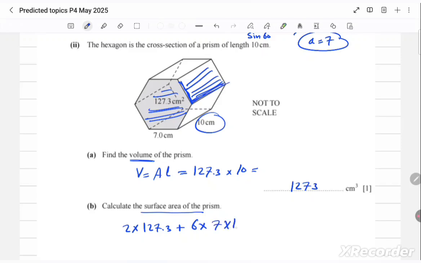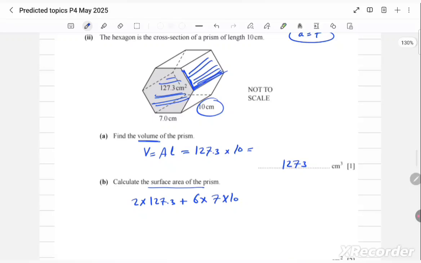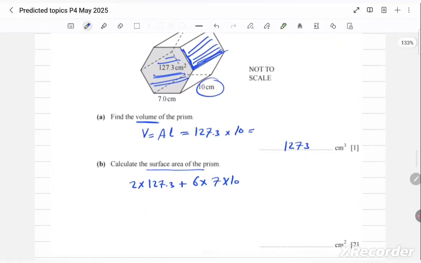So 2 times 127.3 plus 6 times 70. The answer is 674.6.